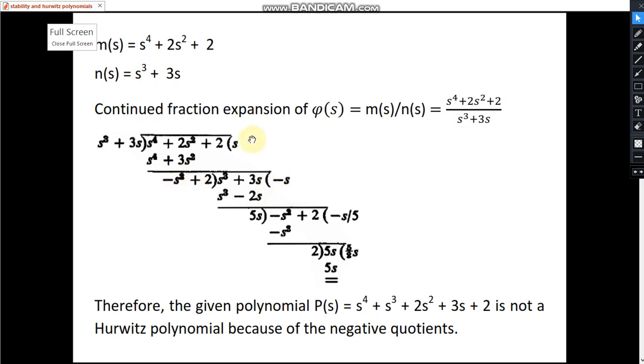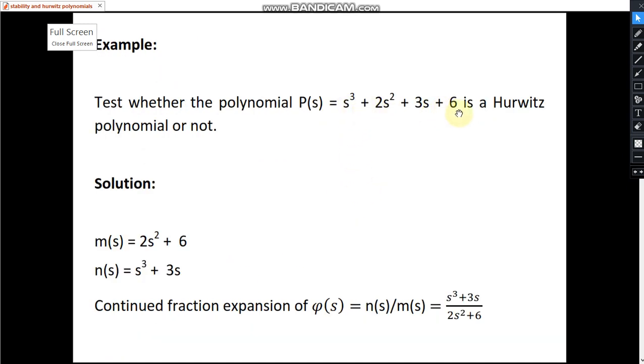So even if we do not complete this, or for example, if this minus s comes here, then there is no need to complete this continued fraction expansion. But still, if we complete it, then also it is okay. But the conclusion is that because of the presence of these negative quotients, the polynomial comes out to be non-Hurwitz.